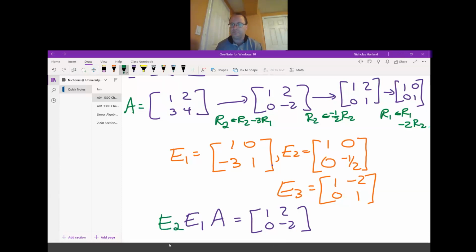What if we multiplied again by E2? That performs that row operation. We get this. And what happens when we multiply by E3?